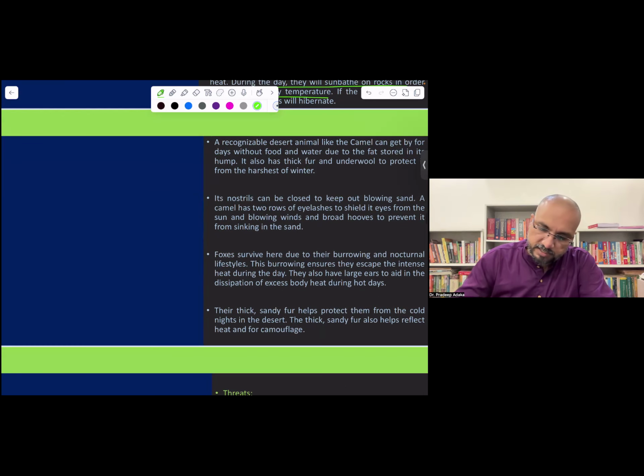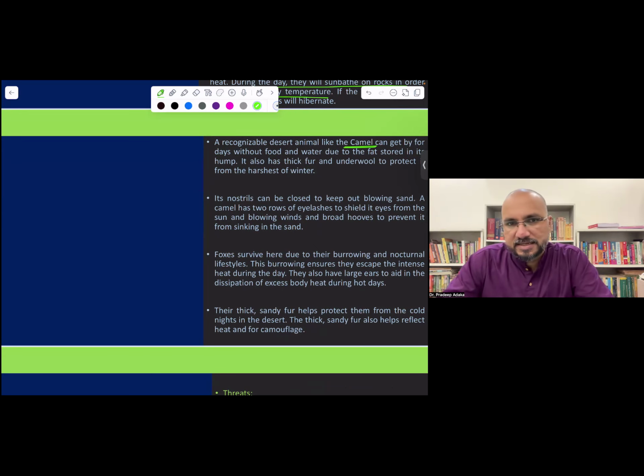There are other, more notable animals, called the camel. This is called the ship of the desert, right, they call the camel that. So the camel can go on for a long period of time without drinking or eating. It can get by without eating food or drinking water because it has a strategy.